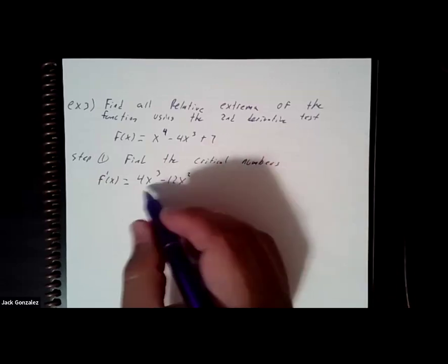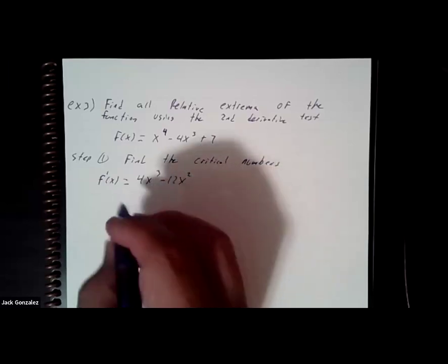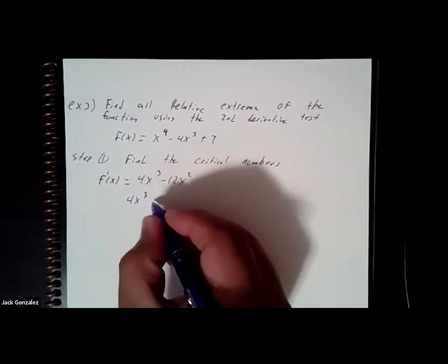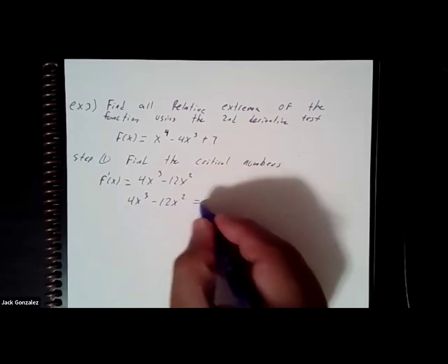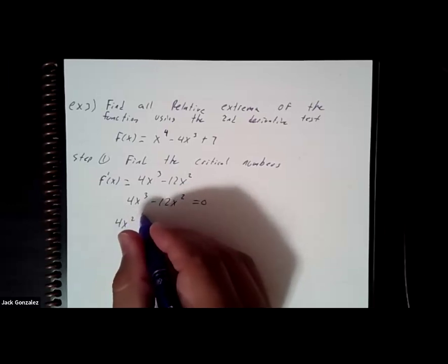Okay, so this will be easy to factor, right? It's just two terms. So factor this guy. First set equal to 0. They both have 4x squared in common.